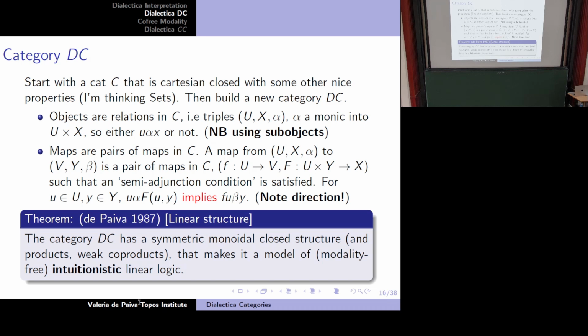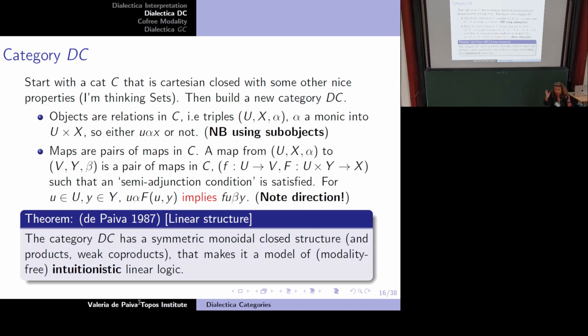The semi-adjunction condition is that if you take a little u in U and a little y in Y, then u alpha F(u, y) implies f(u) beta y. So this, again, is not very traditional in category theory.